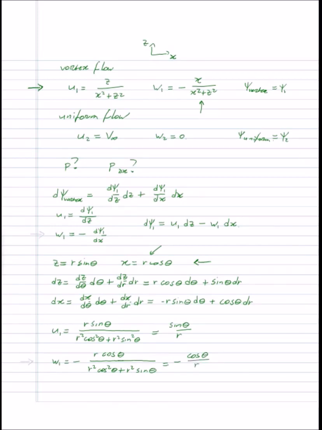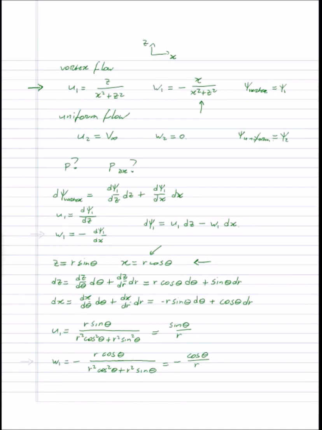Now we've got all the ingredients that we need to evaluate what d psi 1 is. So d psi 1 is going to be equal to sine theta divided by r. So this is u1.